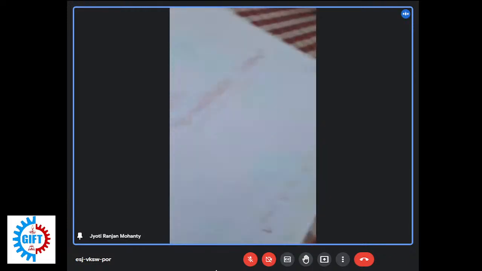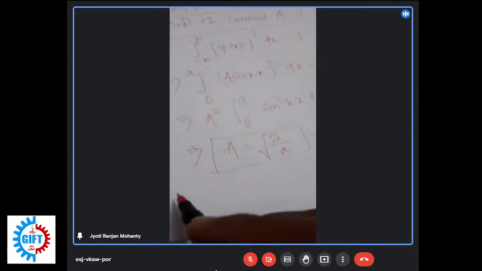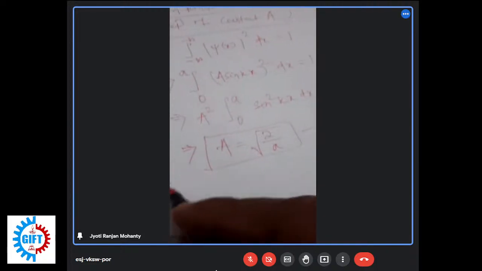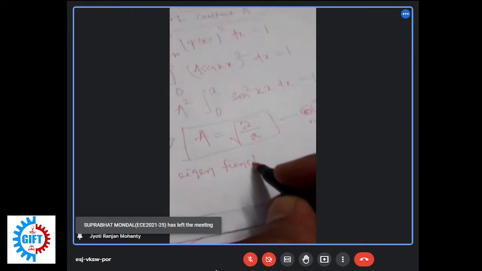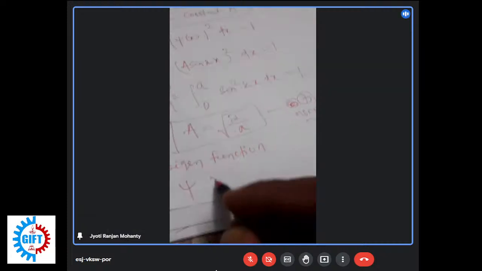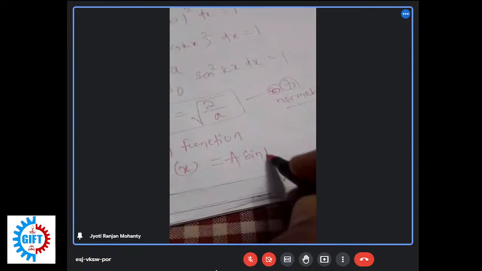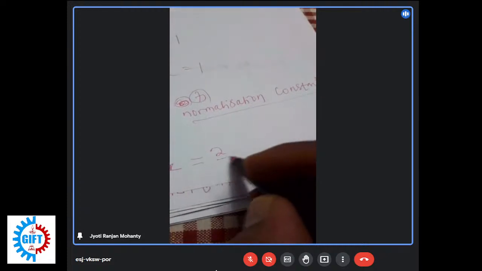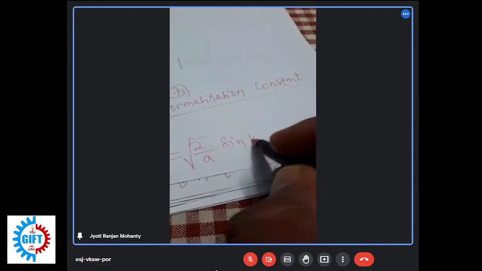So write the Eigen function: psi x is equal to A sin kx. It is our Eigen function. Now you put the value, A is equal to 2 by a under root sin kx.